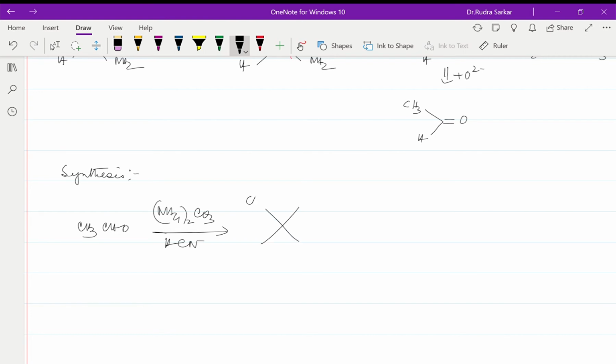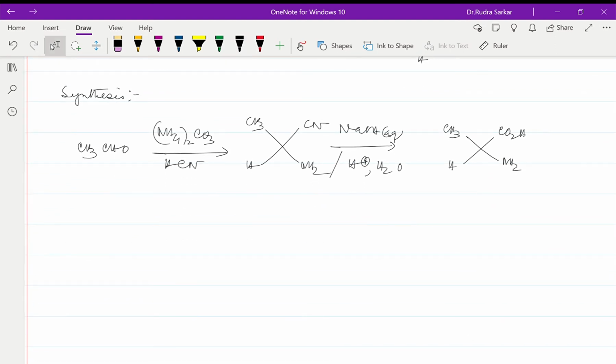That will give us CH3CH(CN)NH2, and that when treated with NaOH in aqueous medium undergoes hydrolysis of cyano group in alkaline medium, or we can do this in the acidic medium. Both can be used, and it will give us the desired amino acid, which is the alanine, our target molecule.